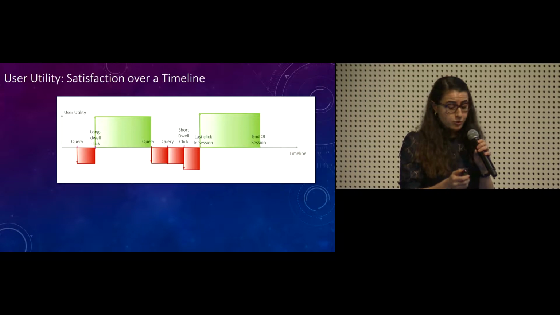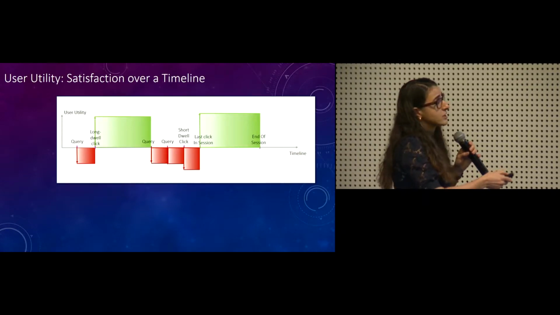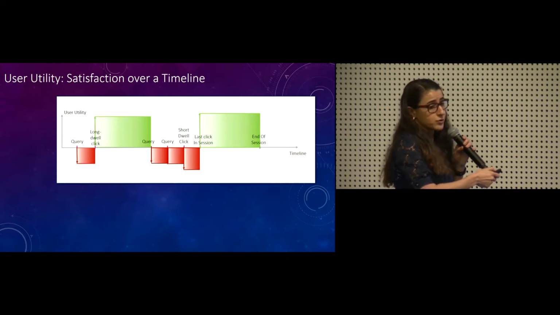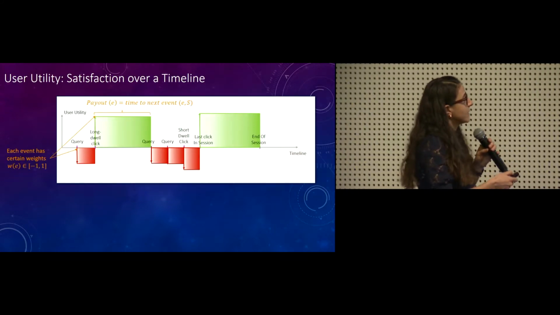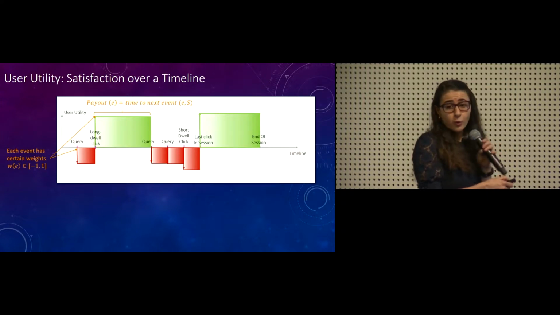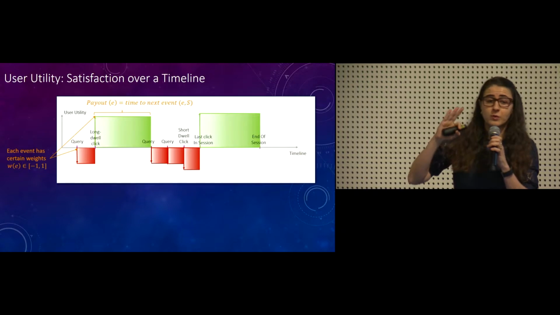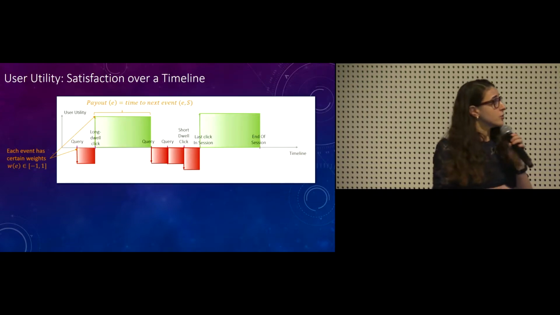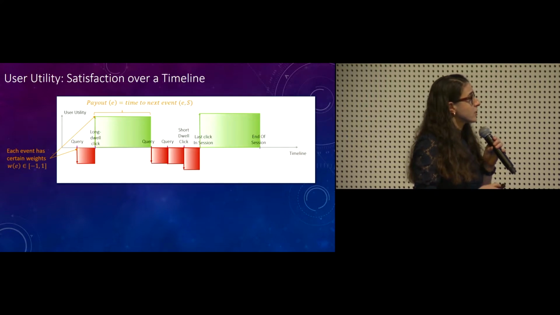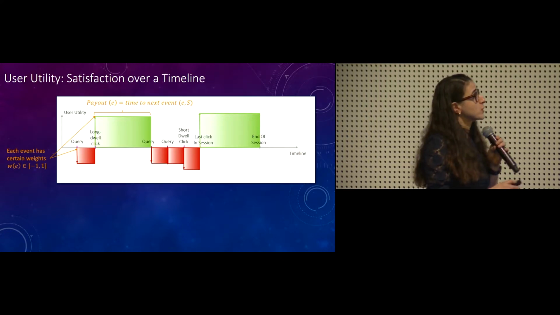The user utility is an accumulation of the utility that you're seeing from each individual event. For every event, this arrow that you see is what we call the weight. It's a value between -1 and 1, and it correlates with whether that action has a positive or negative effect on the user. However, the utility is also a function of how much time the user spends after they do this action. This is what we call the payout.